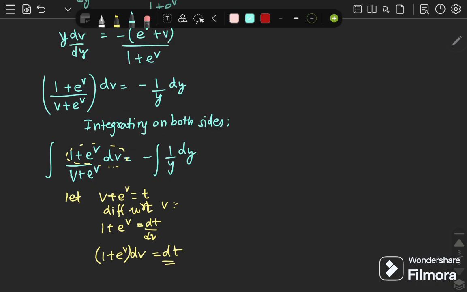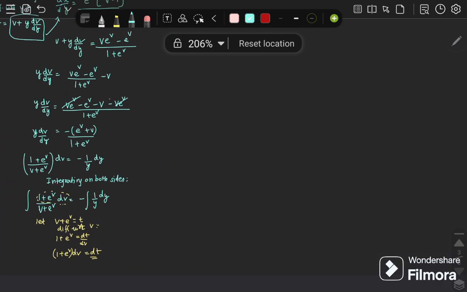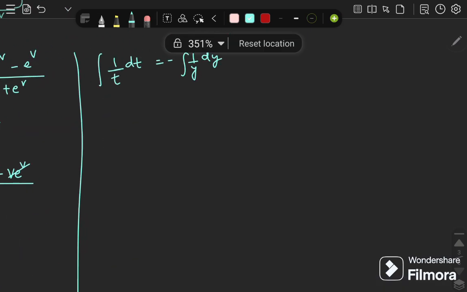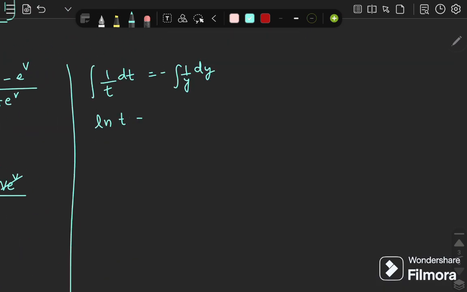So I can write dt instead of this particular term. So what I get is integral 1/t dt equals minus integral 1/y dy. So here it will be ln t equals minus ln y plus whatever constant we are including, that also will have an ln term.